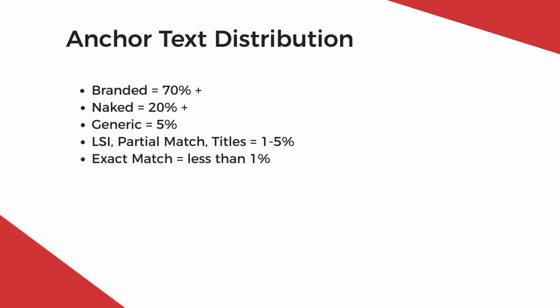And one last thing to keep in mind about ratios and how to distribute your anchor text is that anchor text is a very small piece of the equation. What really matters is the quality of the content and the page that you have created, how well you've optimized that page, and then secondly, the quality of the backlinks that are going to that page. It doesn't really matter the type of anchor text that you're using and all that other stuff.